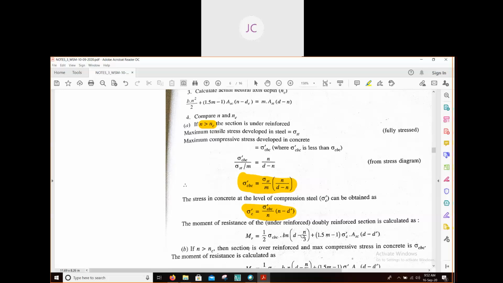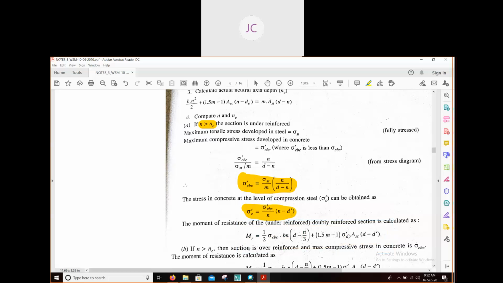In doubly reinforced beam we have only one formula for moment of resistance, but in singly reinforced beam we have two formulas for moment of resistance. For under reinforced section it was different, for over reinforced section it was completely different. But in doubly reinforced section we have only one equation for moment of resistance.